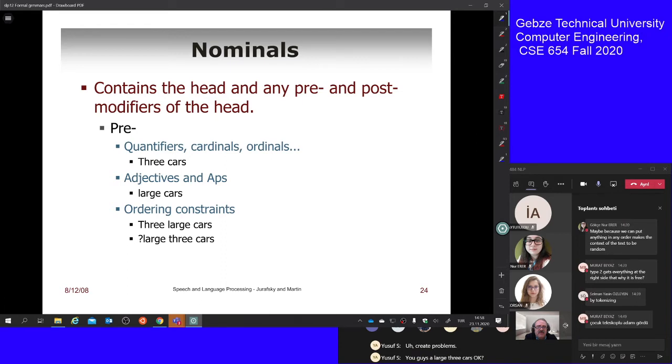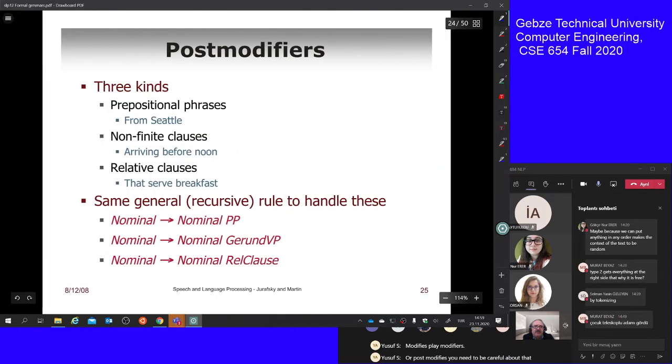You say 3 large cars. You then say 3 yeşil araba. You say 3 yeşil araba, but you don't say yeşil 3 araba. Okay, so with this kind of modifiers, pre-modifiers or post-modifiers, you need to be careful about the types of the adjectives.